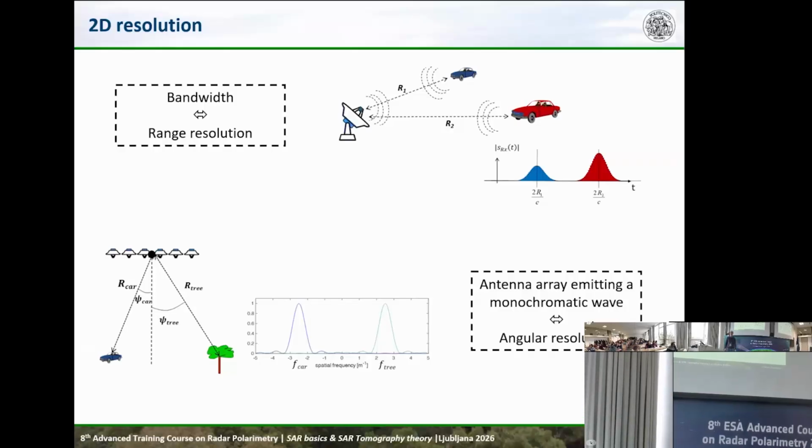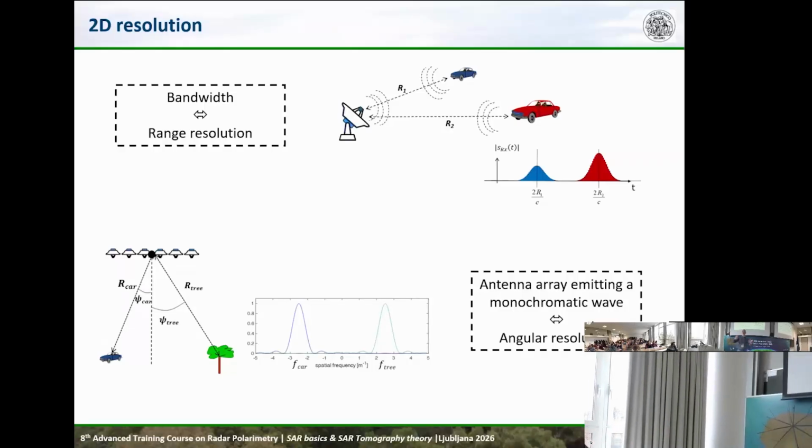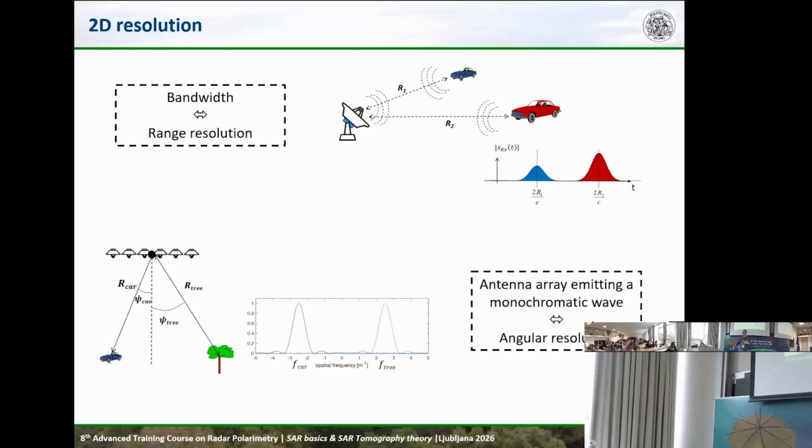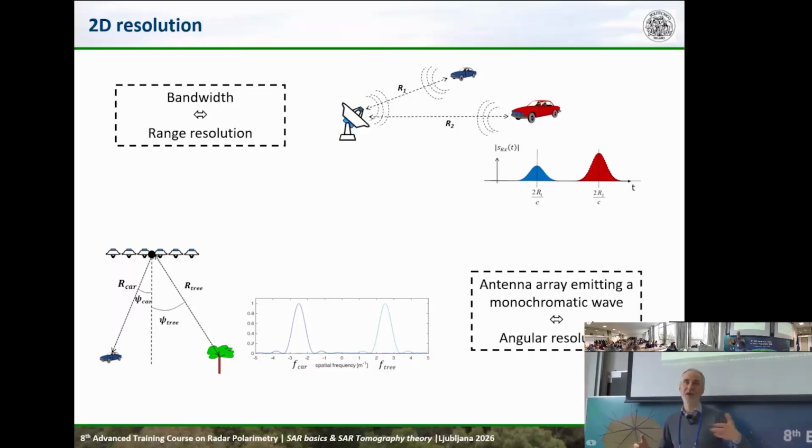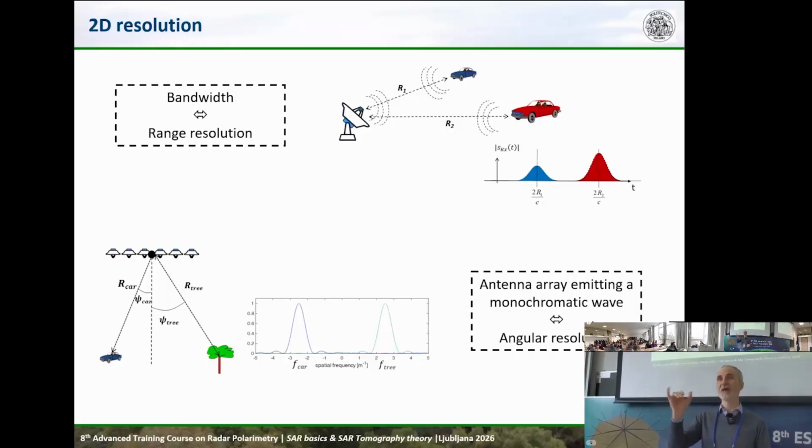Let's say that we want to have both range and angular resolution. What we do, of course, is to have a radar that transmits pulses with a certain bandwidth. So we put G of t back in, and we also have an array.